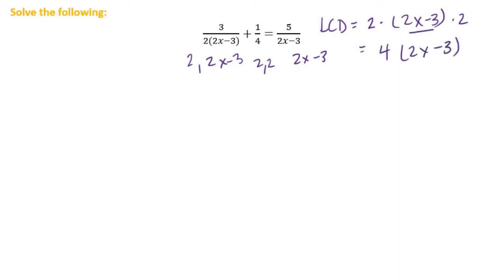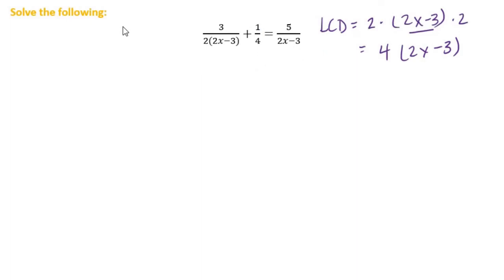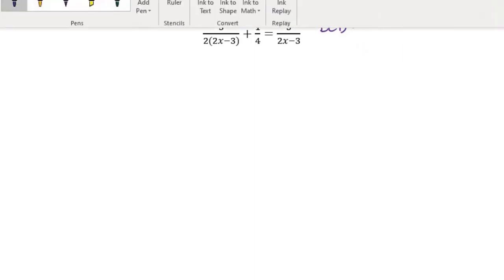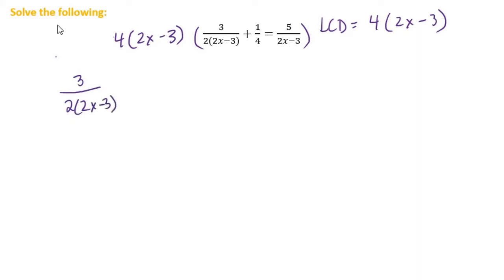The next step is to multiply the entire equation by that LCD. So I'll take the entire equation and multiply it by 4 and 2x minus 3. We'll take a lot of space to write this out, so we can clearly see what's being canceled.